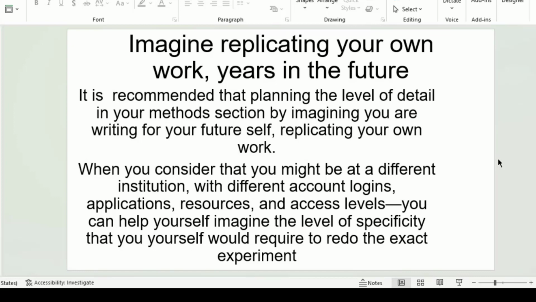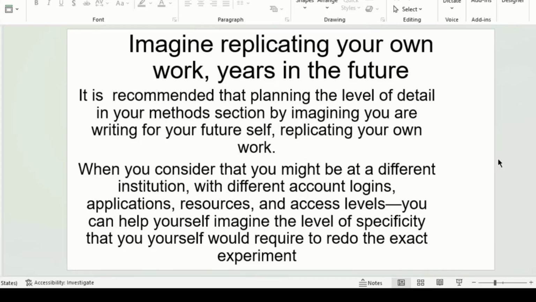So you can help yourself imagine the level of specificity that you yourself would require to redo the exact experiment. It's very easy to repeat something if you have done it. And when you repeat that, you are going to be a different person because you might not do it the same way as you did it the first time.